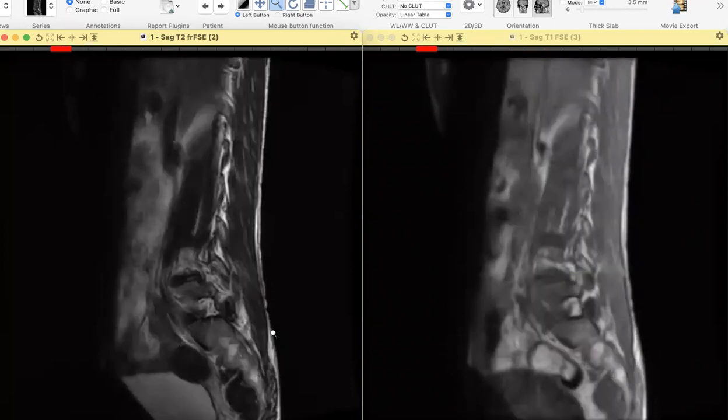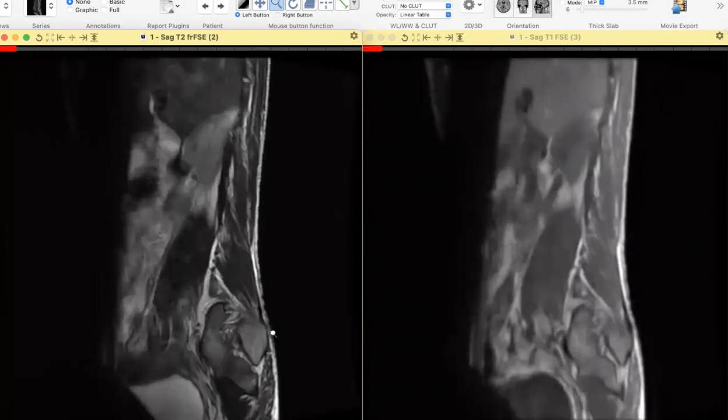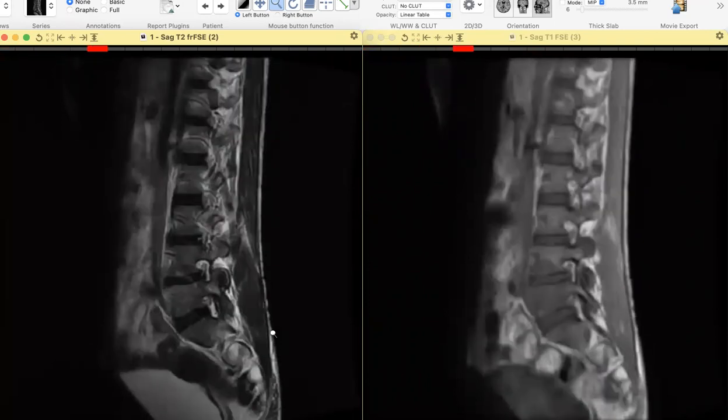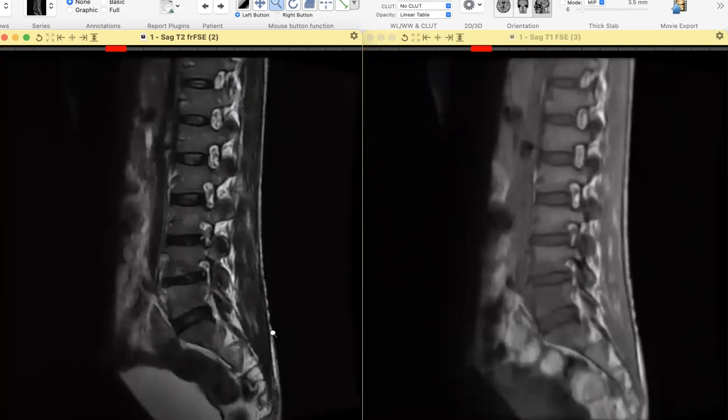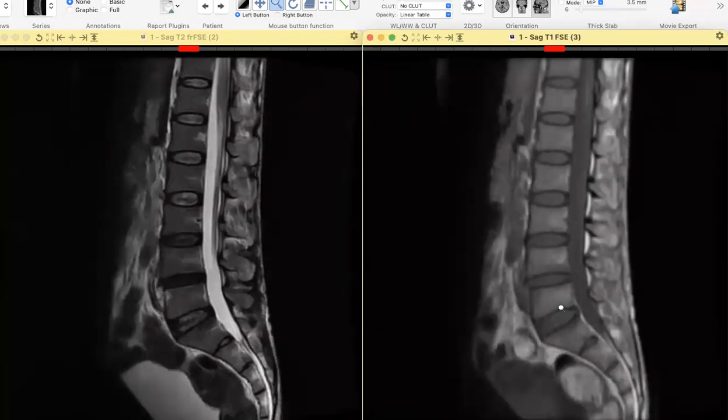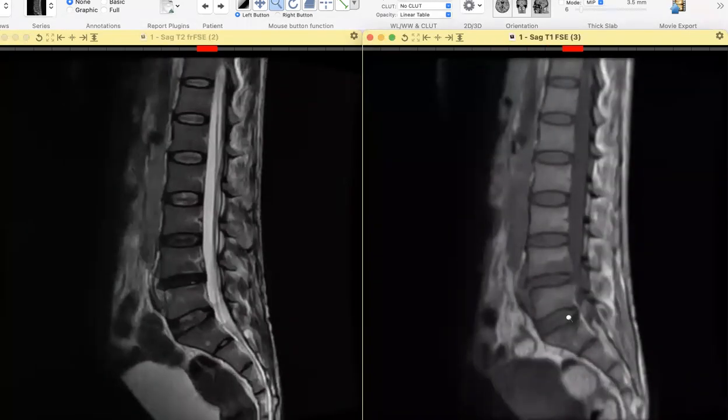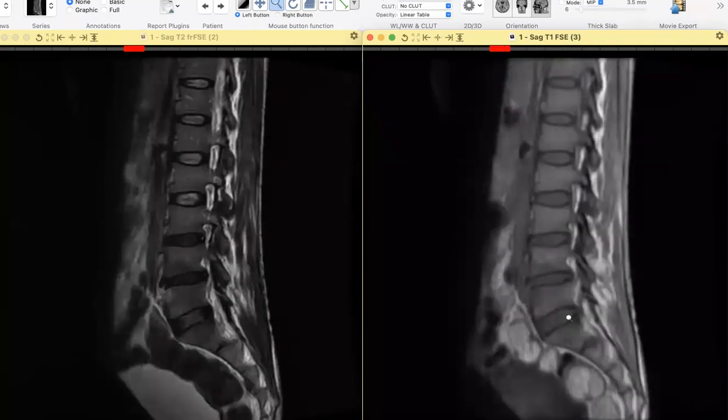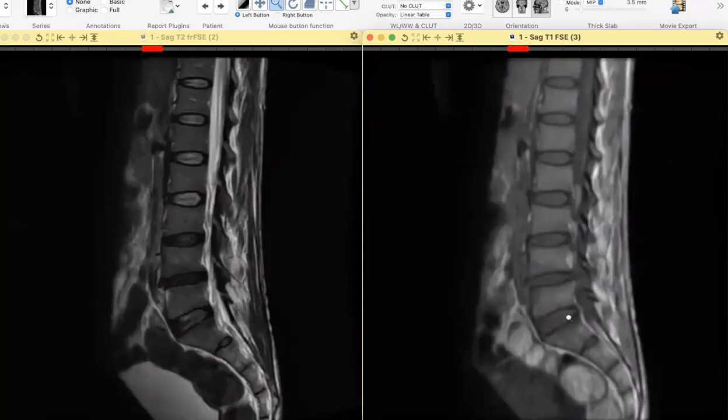So how would we manage this patient? I'll convey my findings to the treating physician. However, at this section, there appears to be diffuse loss of marrow signal in the L5 vertebra. I would be suspicious for some infiltrative disease of the marrow.